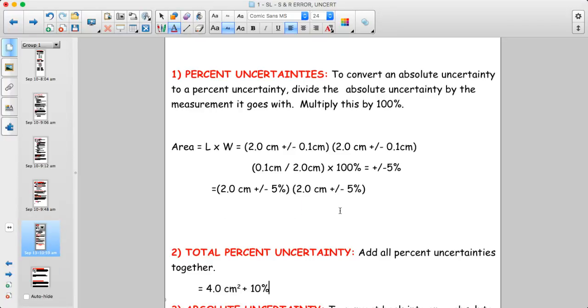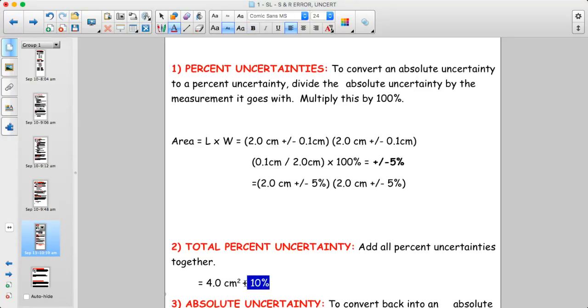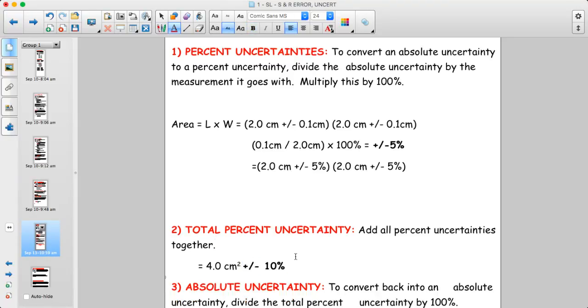So the first step is turning your uncertainties from what we call the absolute uncertainty, where it has a unit, into a percentage uncertainty. That's step 1. Step 2 is you add together all the percentage uncertainties. So now I've got plus or minus 10%. That's my total percentage uncertainty.